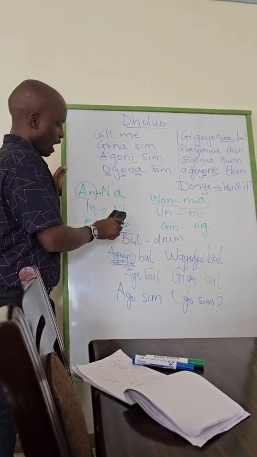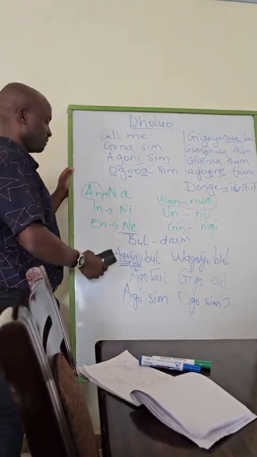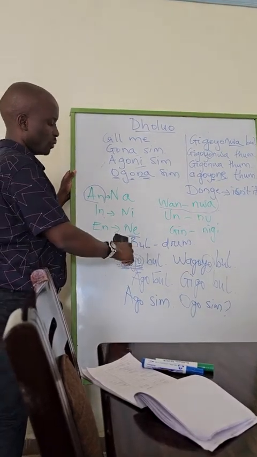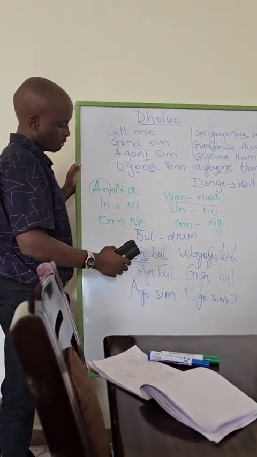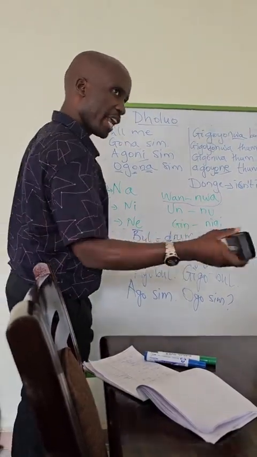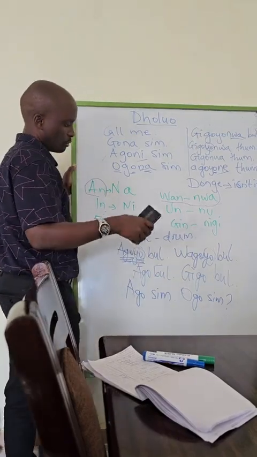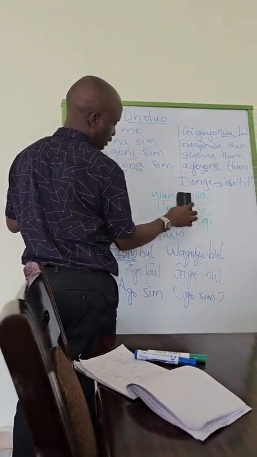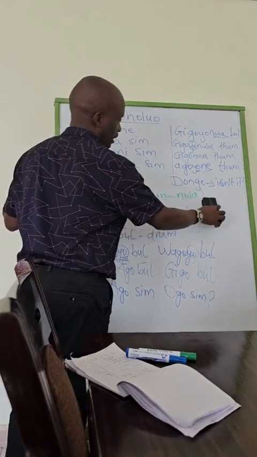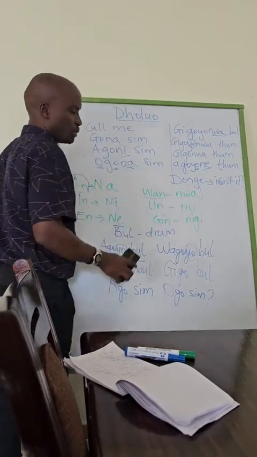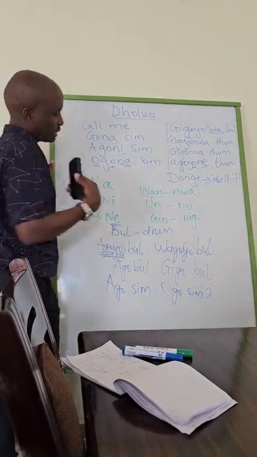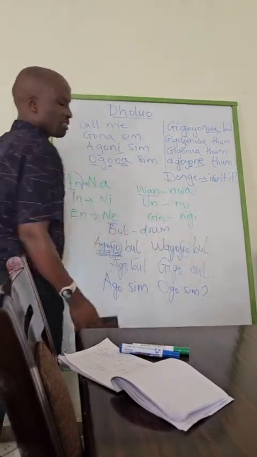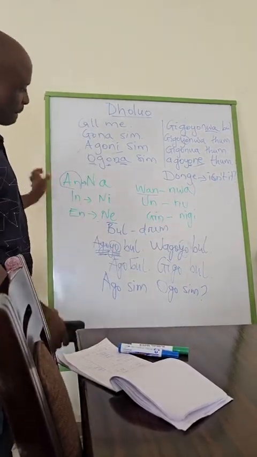Okay? "Ago ni bul". If it is him or her, we add ne at the end of the verb, so it becomes "ago ne bul", I'm playing for him drums. Then for us, at the end of the verb we add noa, which means "ago noa", play for us. "Ago nu", that is for you, plural, and "ago nihi", they. Is that okay?